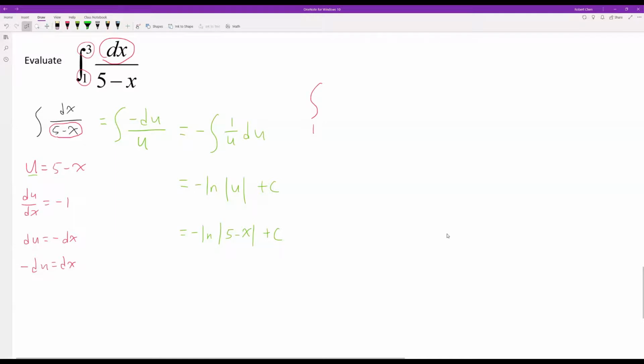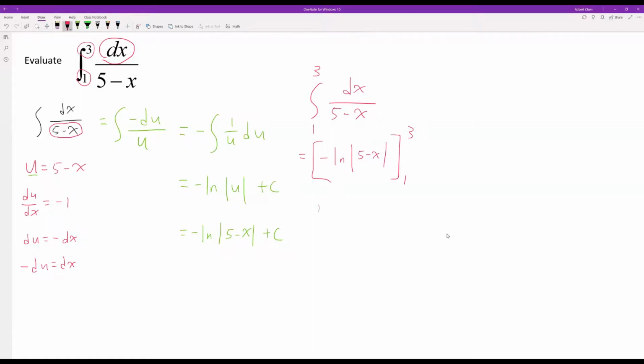The integral from 1 to 3 of dx over 5 minus x is equal to negative ln of 5 minus x evaluated from 1 to 3. Notice that I dropped the plus c here, because we are evaluating a definite integral, and as we talked about in the last section, we can drop the c when evaluating a definite integral.